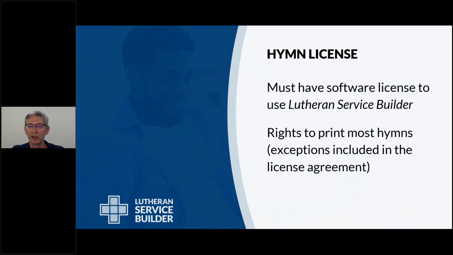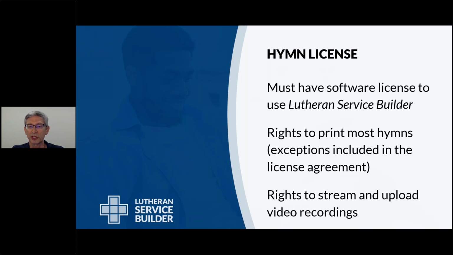But that will be in your hymn license. And then it does give you the rights to stream and upload video recordings and where you've used the hymns in those recordings. So those are the main 2 licenses, software license and hymn license, along with the trial.